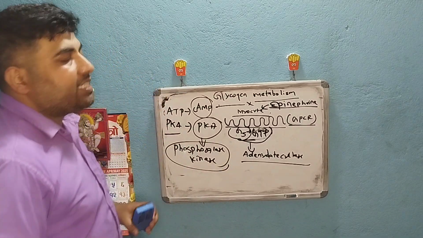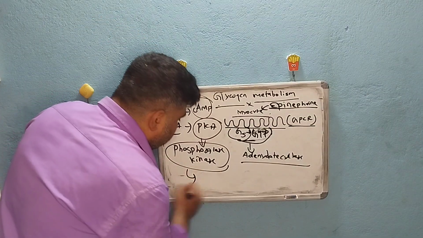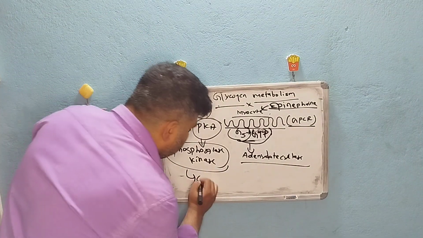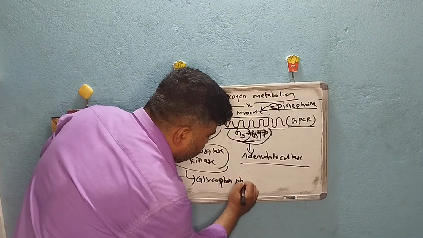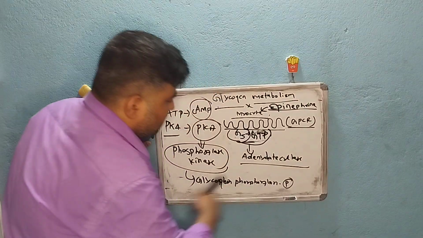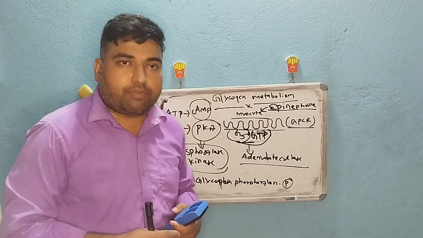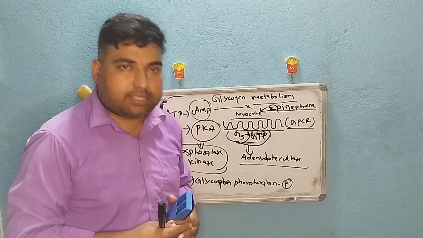This phosphorylase kinase activates the enzyme glycogen phosphorylase by phosphorylation of this enzyme, and this glycogen phosphorylase can now take part in glycogenolysis. Thank you.